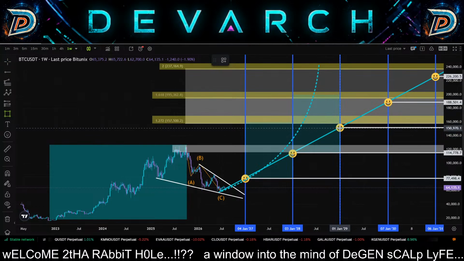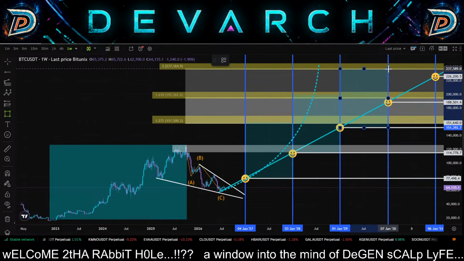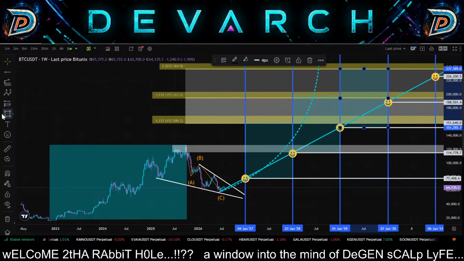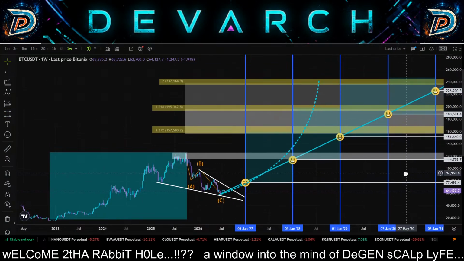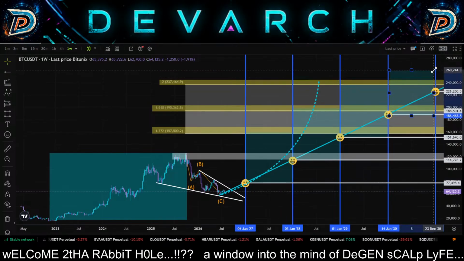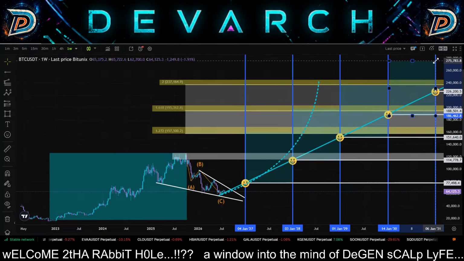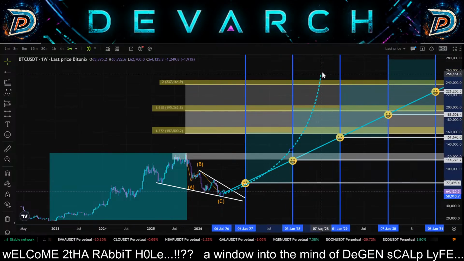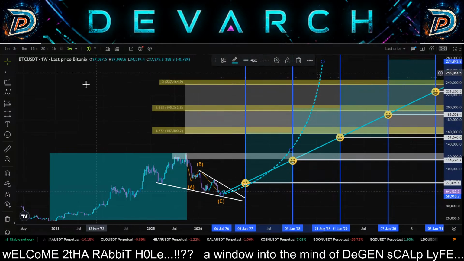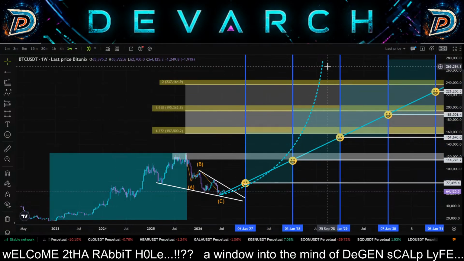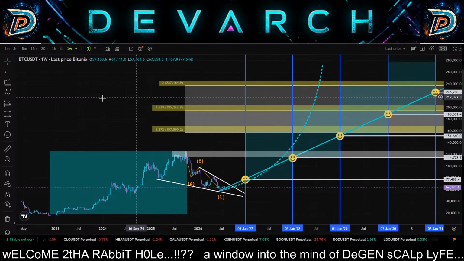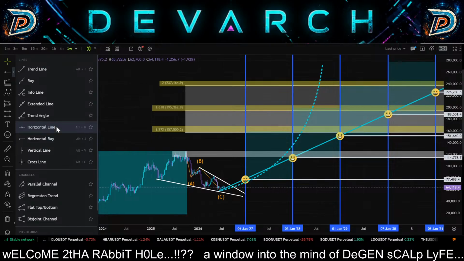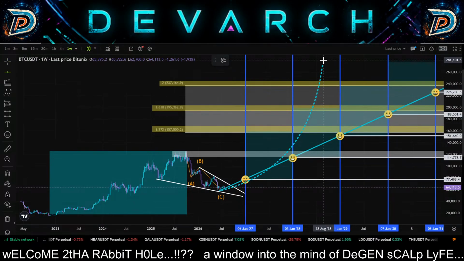Our 2029 outlook, we're looking like this. And our 2030 outlook, we're looking at possibly going up to 280. Put a horizontal line up at 280.